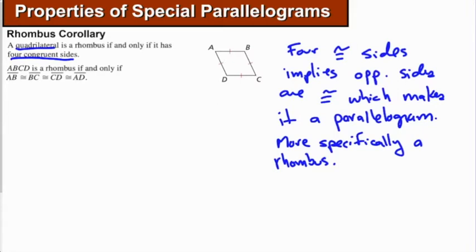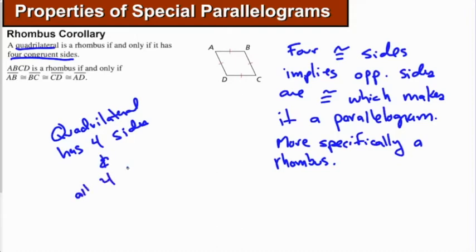Just being told that it is a quadrilateral, a quadrilateral has 4 sides, and that all 4 sides are congruent, that is enough for us to say it is a rhombus. That is enough for us to say it is a parallelogram.